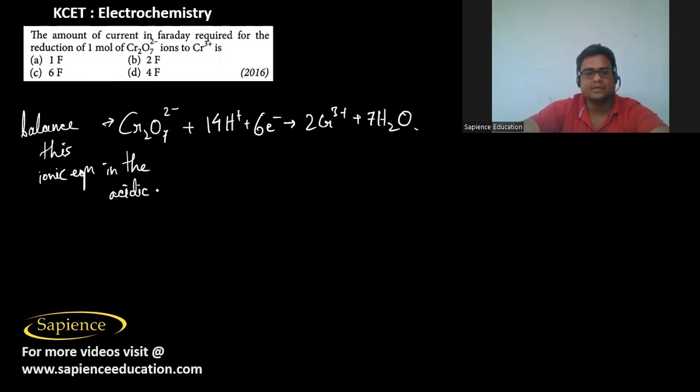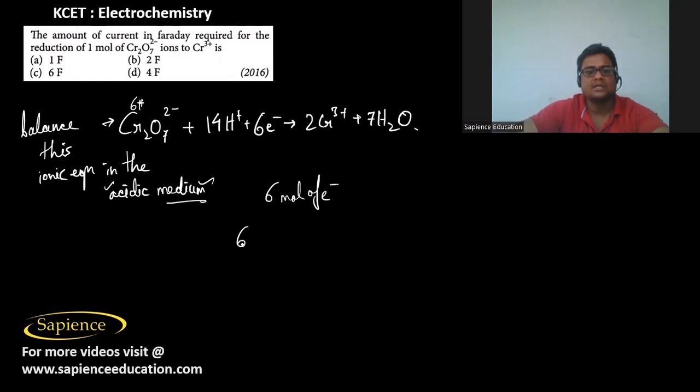in the acidic medium, since in the acidic medium only the Cr2O7 2 minus ion will be reduced to Cr3 plus ion. Here the oxidation state of chromium is 6 plus. So here 1 mole of Cr2O7 2 minus ions requires 6 moles of electrons.